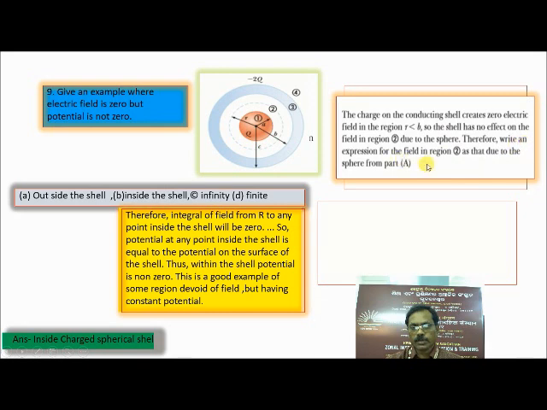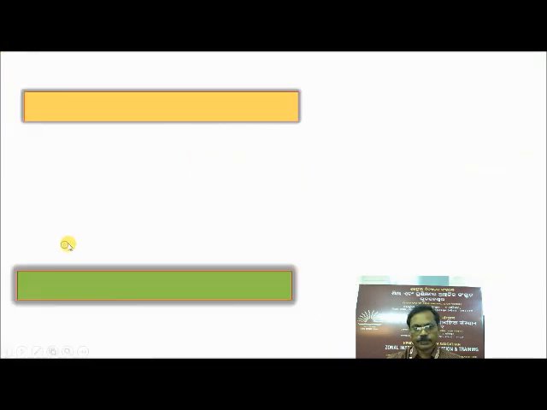Therefore, write an expression for the field in the second region due to the sphere from part A. So we can find this from this. The best example is that inside the charged spherical shell the electric field will be 0, but potential is not 0. I hope that you might have understood.